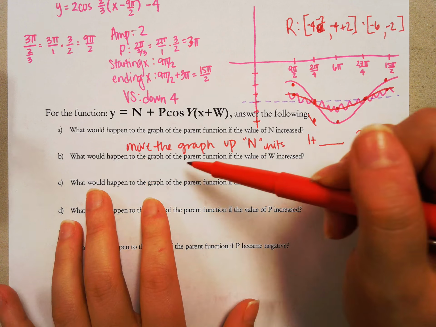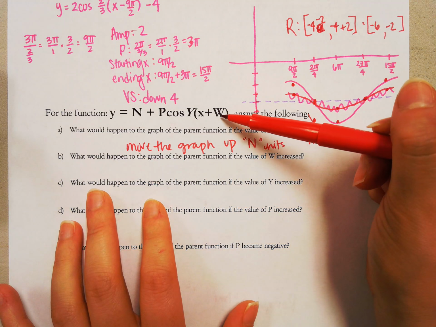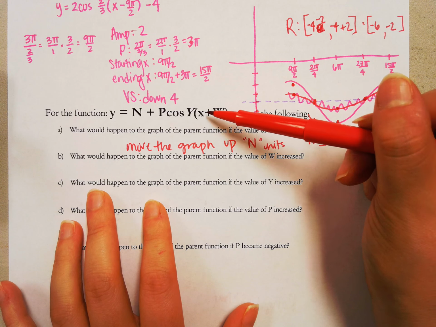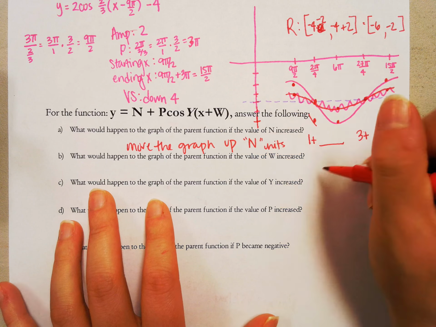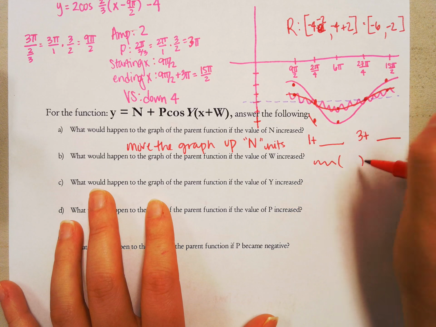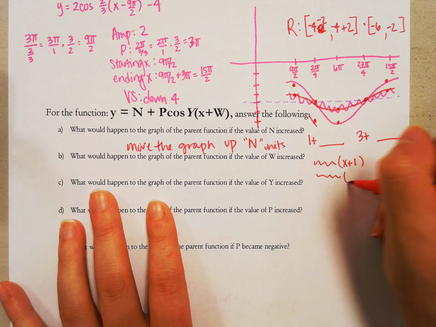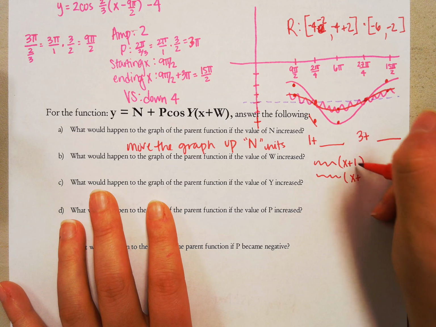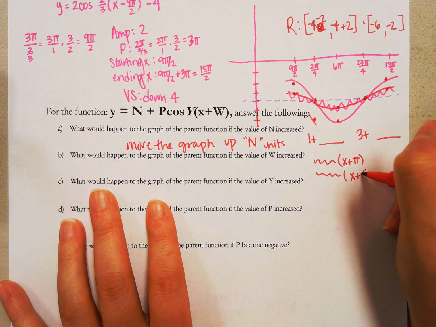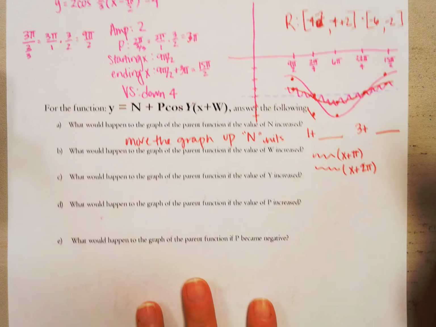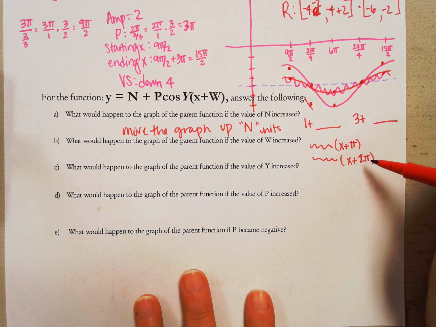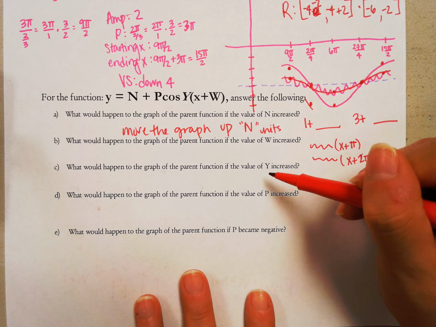So what would happen to the graph if the value of w increased? Well, right now we're doing plus w, so if I had inside my parentheses x plus pi, and now I have inside my parentheses x plus 2 pi, well, this shifts the graph left pi units. This would shift the graph left 2 pi units.